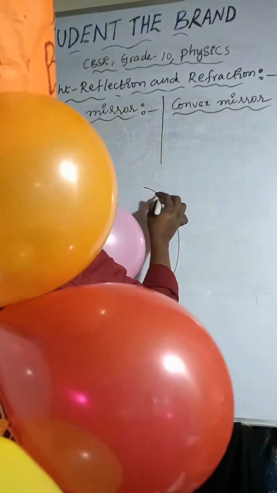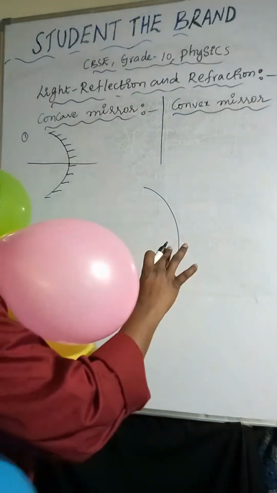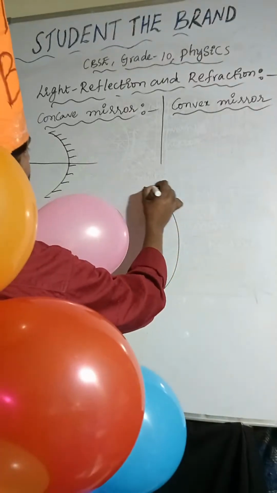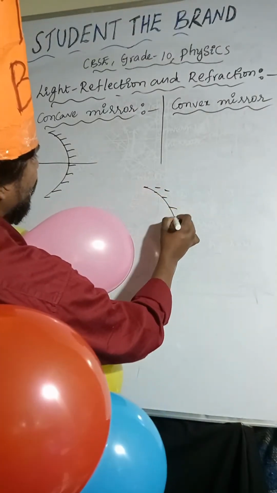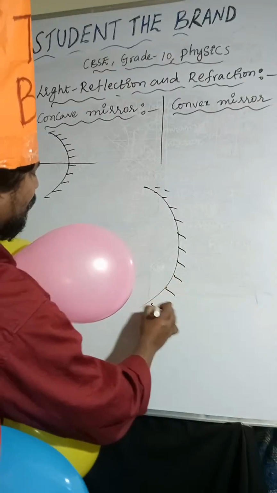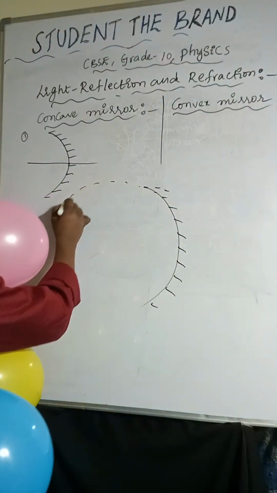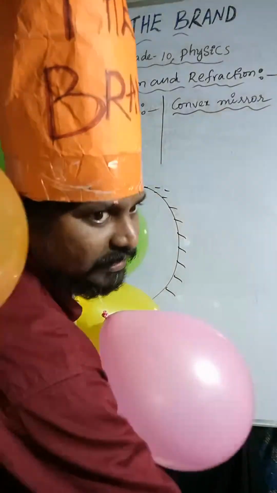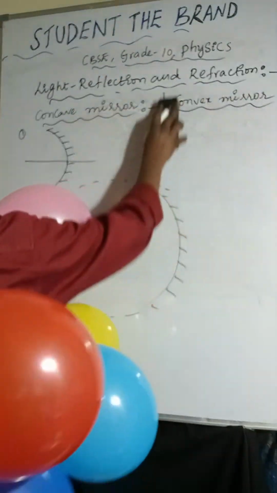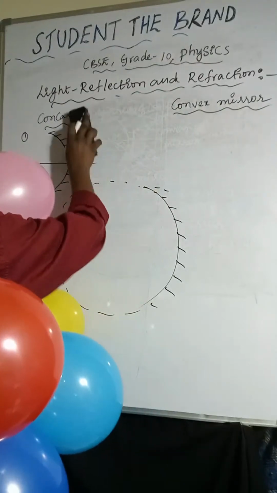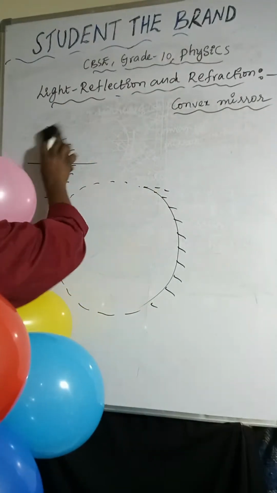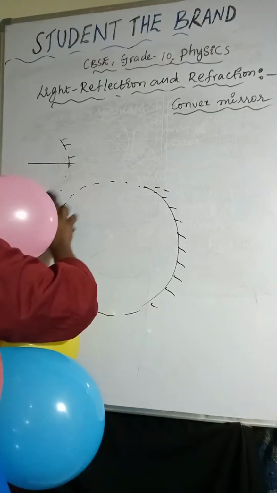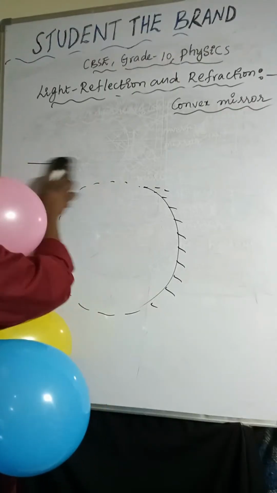So I am taking a spherical mirror, especially the concave mirror. This is a concave mirror, a part of the sphere. First we'll discuss terms related to spherical mirror, then I'll go to this, otherwise I'll get confused, because after this only we have to discuss those points.